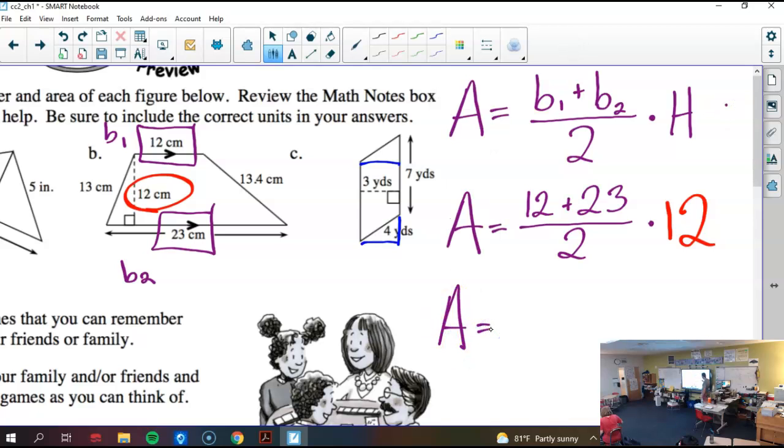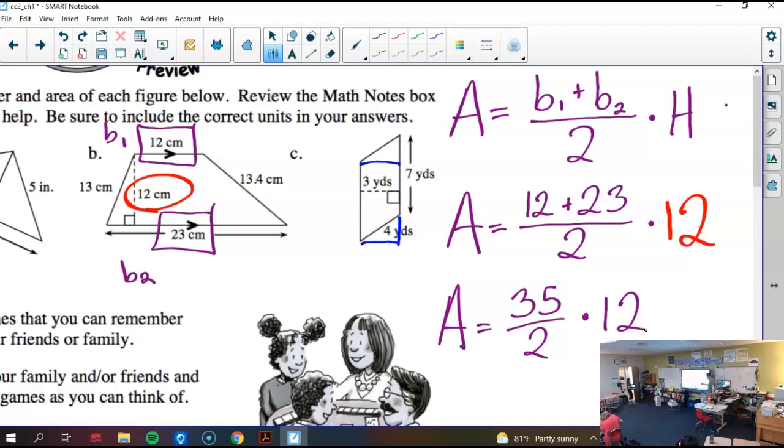So 12 plus 23 is 35, divided by 2. Dang, that's going to get a little annoying. Math, when we do multiplication or division, can be done in whatever order we want. I could actually do my 12 divided by 2 if I wanted to make this easier.